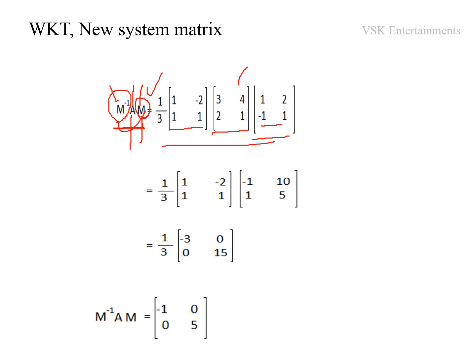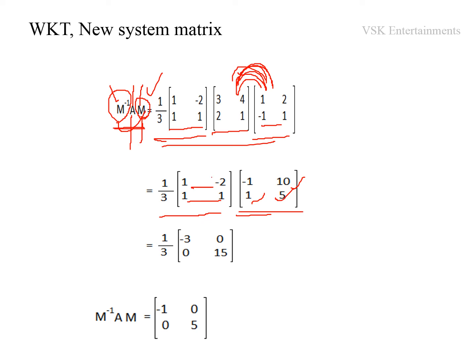Now by using matrix multiplication, simplify these two matrices. This part up to here is the same, that is 1 by 3 into the matrix 1 minus 2 1 1, and by simplifying these two matrices we are getting this matrix, that is the matrix minus 1 10 1 5.